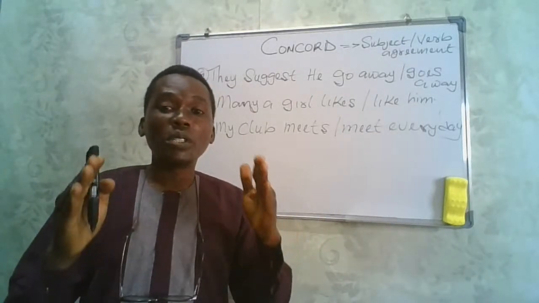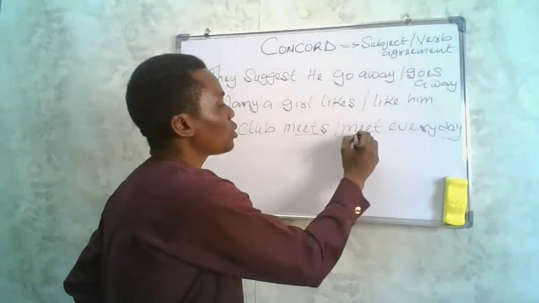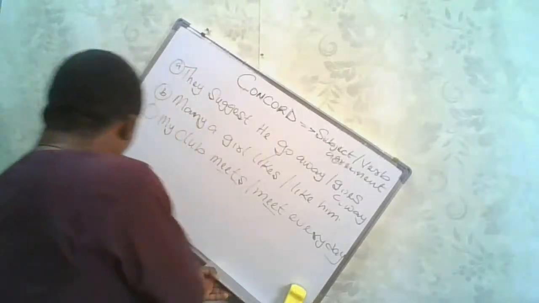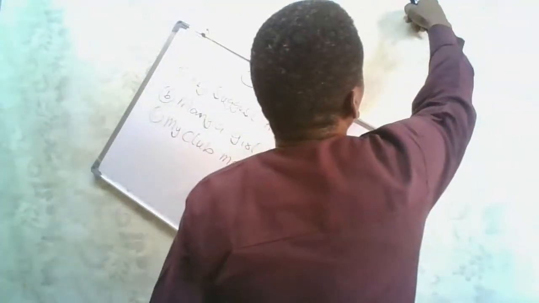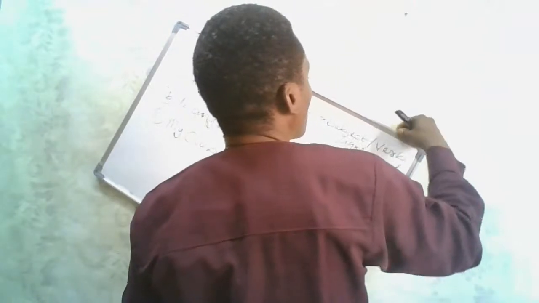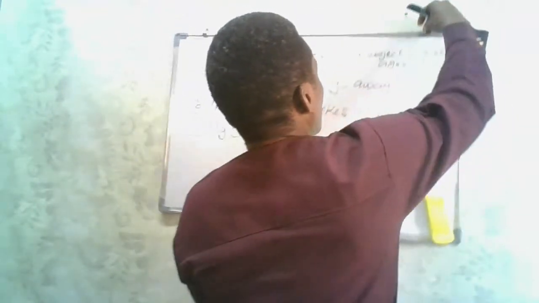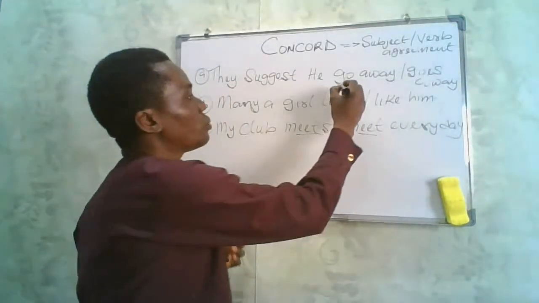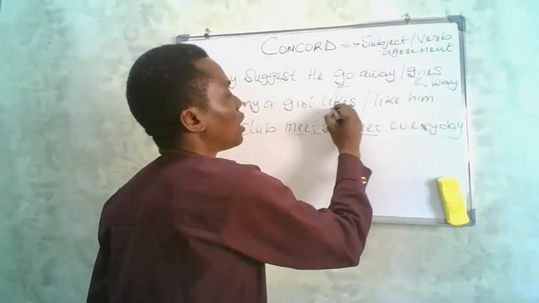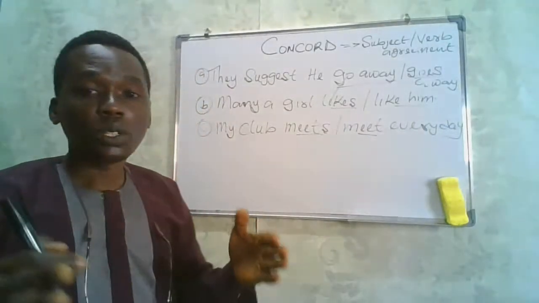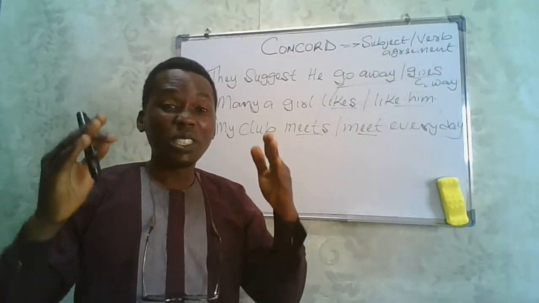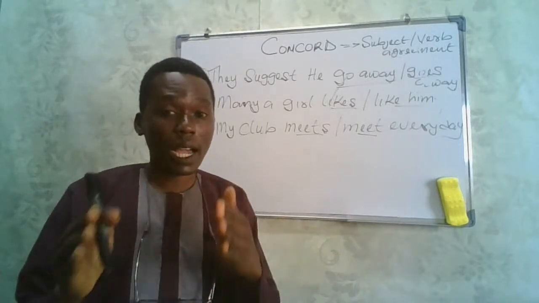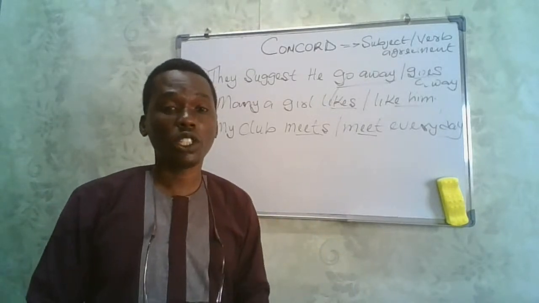In Concord, for you to get the right options between all these, you need to accurately do what? You need to accurately know the agreement between subjects and what? And verb. And that is what Concord is all about.